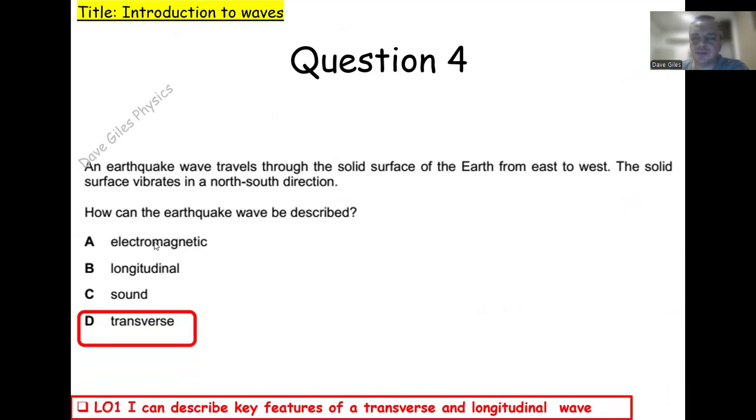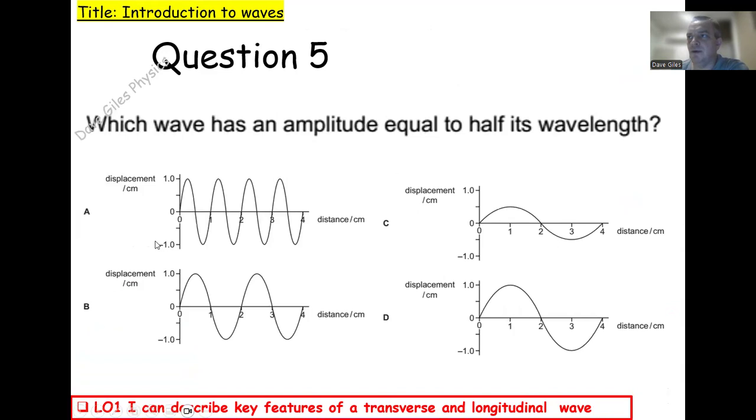Question 5. Which wave has an amplitude equal to half of its wavelength? Okay, so we're going to work our way through them here. A has an amplitude of 1 meter, and then the wavelength: you can see it by looking at where it starts here.